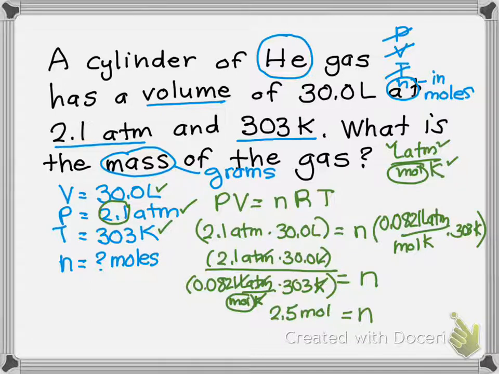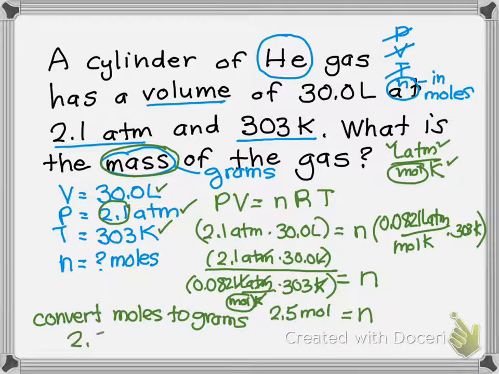Now the question asked me for mass. So I'm going to have to convert moles to grams using the molar mass of helium. The molar mass of helium I can find on the periodic table, and it is 4.003 grams per mole.